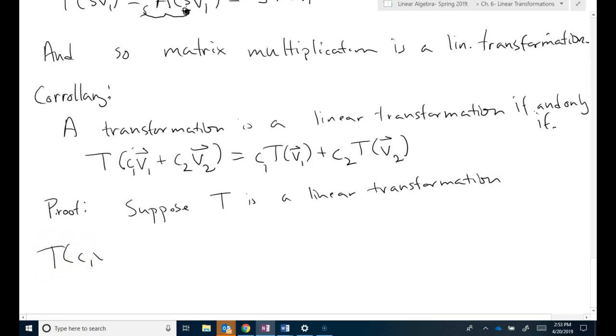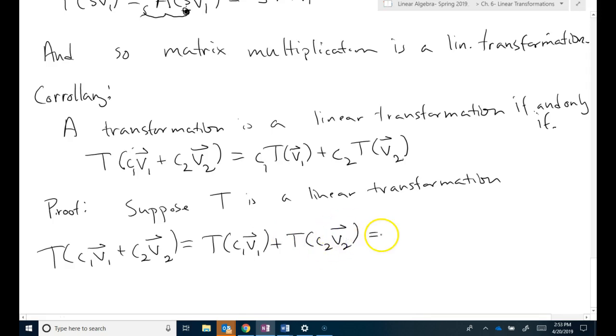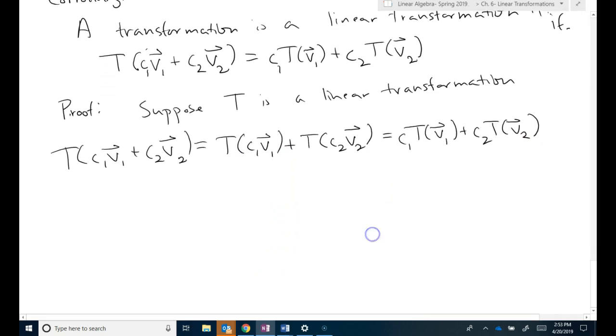T of c1 V1 plus c2 V2 is equal to T of c1 V1 plus T of c2 V2, which by closure under scalar multiplication is c1 T of V1 plus c2 T of V2, right? So just using closure under addition and closure under multiplication, we end up getting the equality that we want.